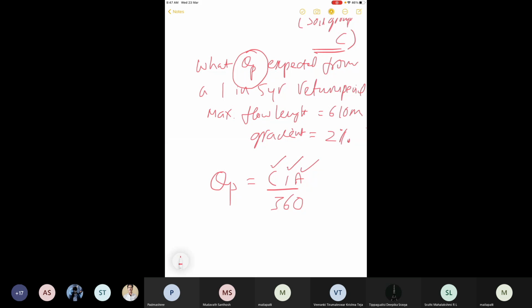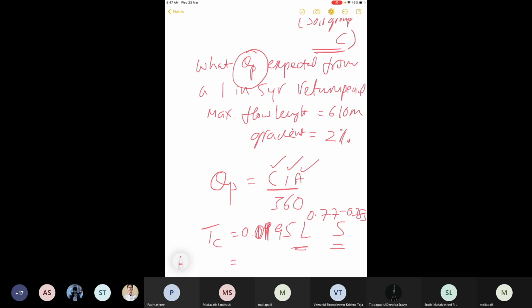So for TC, which is equal to 0.0195, L power 0.77, S power minus 0.385. L is given, S is given.